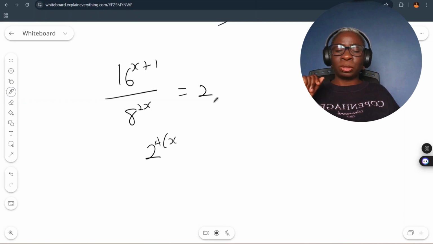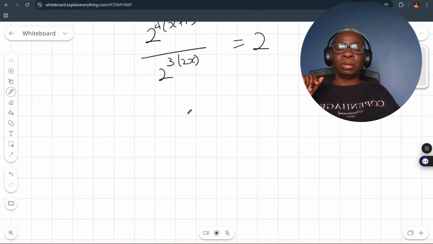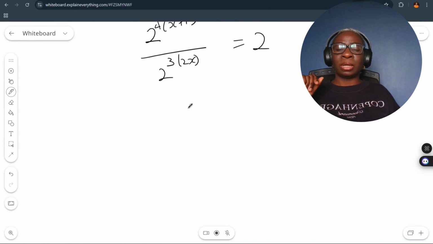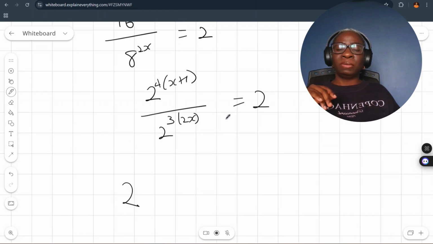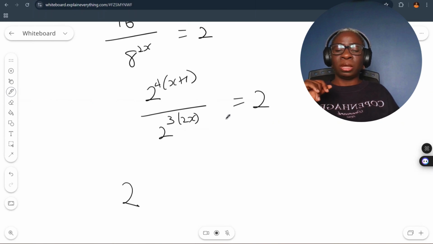Then let's put this in bracket, then over 2 raised power 3, let's put 2x in bracket, and this would give 2. Now let's simplify the power. Let's remove the division and subtract the power, so that this would give 4x plus 4, then minus 3 times 2x would give 6x, and this would give 2 raised power 1.